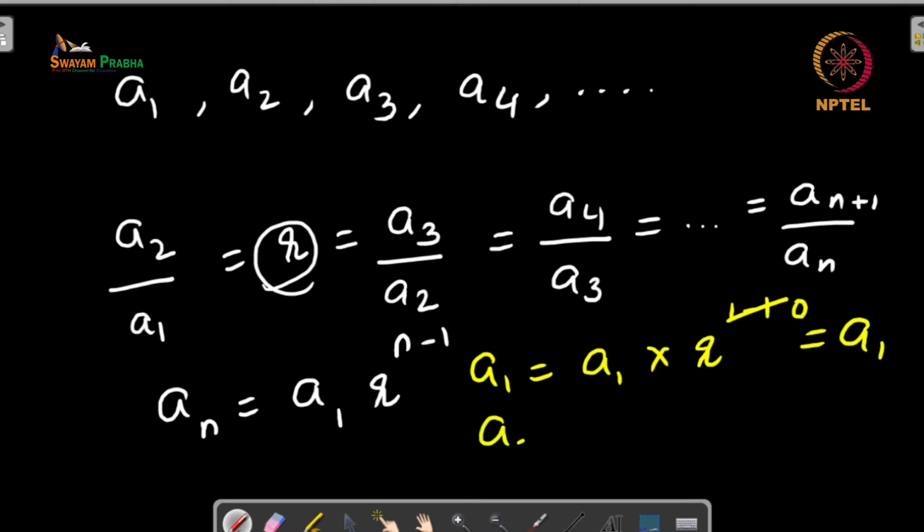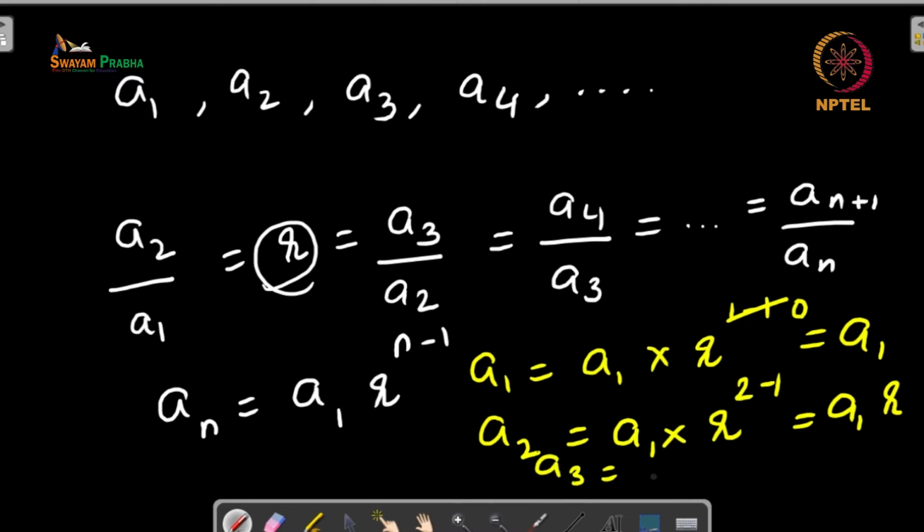So, this is a1. a2 is equal to a1 into r to the power 2 minus 1, which is a1 into r. a3 is equal to a1 into r to the power 3 minus 1, which is a1 into r square and so on.